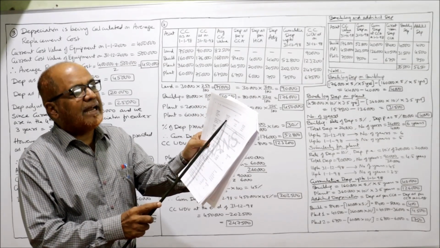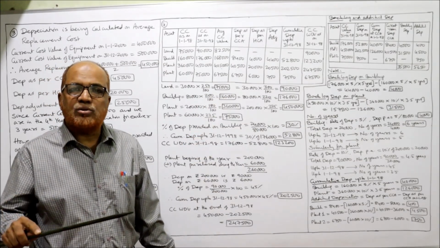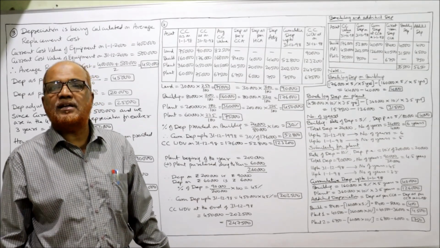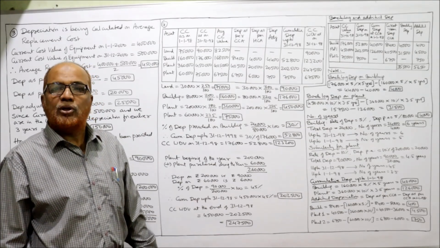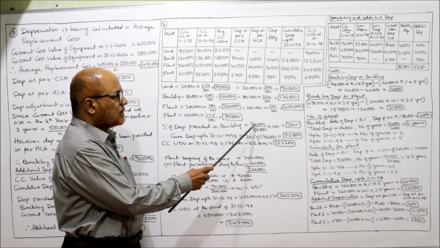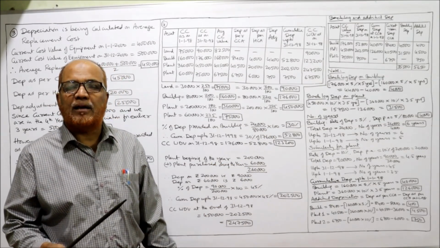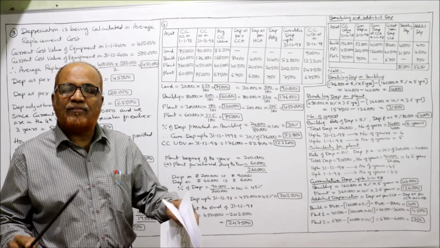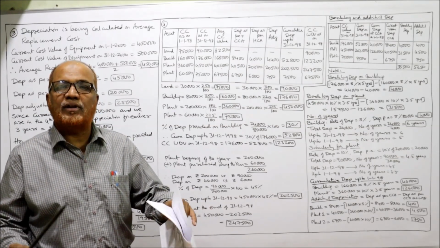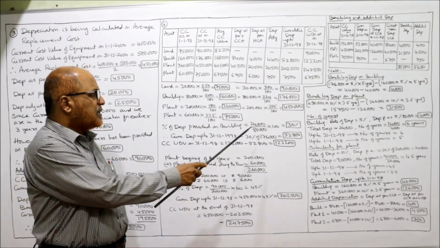What is the cost here? 80,000. On 80,000, 24,000 depreciation. So what is the percentage? 24,000 by 80,000 into 100 is 30%. That means on building, so far we have charged 30% depreciation.